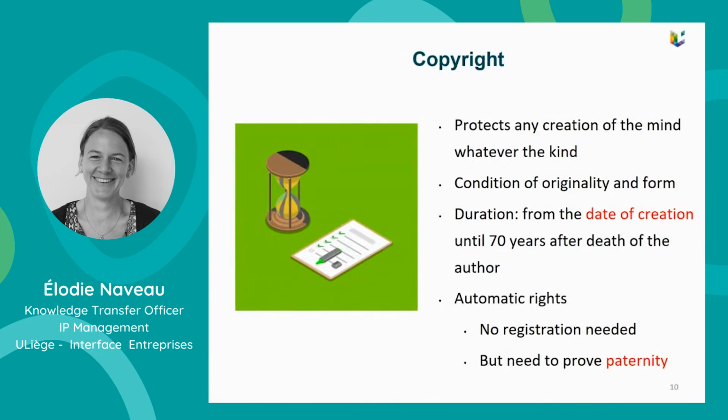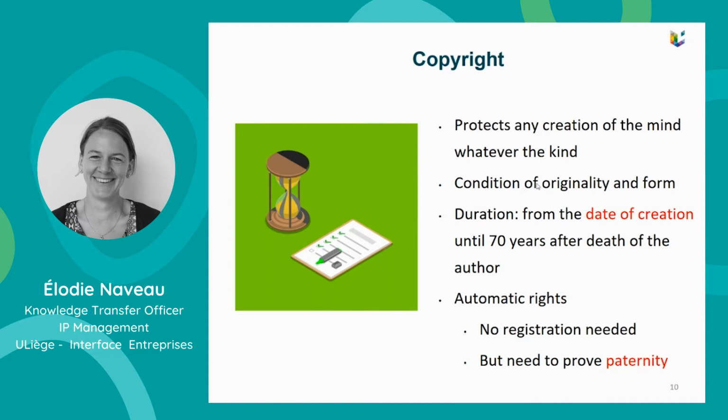Copyright. Copyright is probably something that you know more easily. What is very different compared to the previous rights that we saw is that copyright exists automatically. As soon as you create something, you can have a copyright.